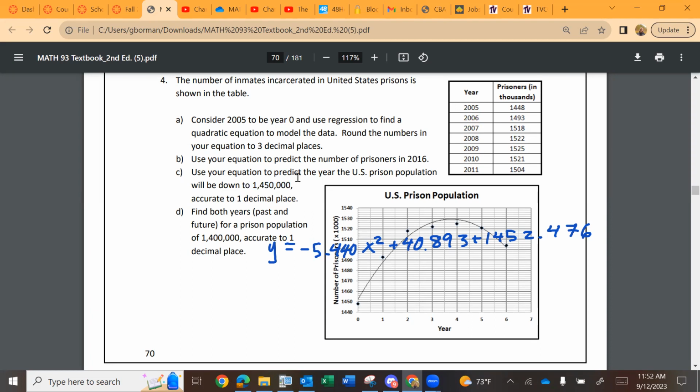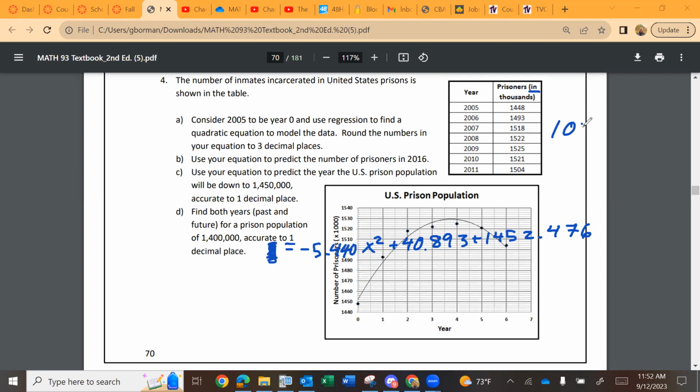So how do we do it? I'm glad you asked. There's more than one way to do it, but the way I'm going to show you is the way the author shows you, so that tends to work pretty good. Because this is a y value, I'm going to plug it in for y. But before I do, remember, the number of prisoners is always in thousands.